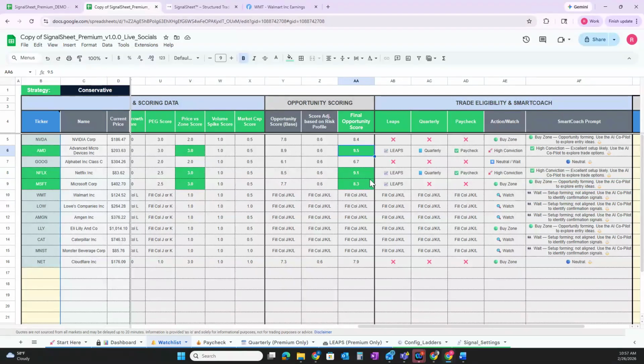These are showing to be great setups at the moment. These are high conviction opportunities, right? And all of the trade types are eligible based on the current price of the stock, its current position against its recent 52-week high, the current volatility levels in the market, and the formulas that SignalSheet produces to help you trade calmer and with more conviction.